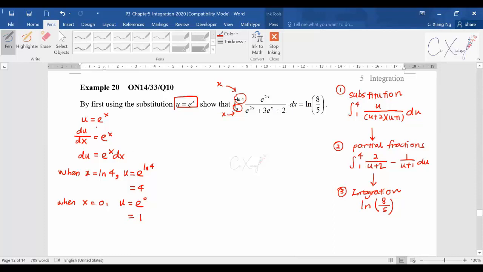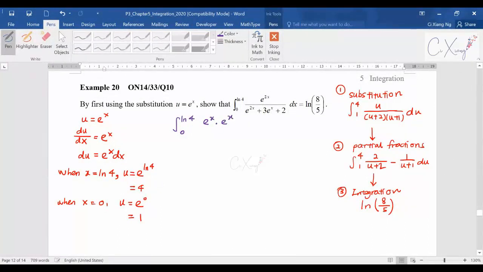Okay, once I settle all the parts here, I will start to do the substitution. So I have log 4 and 0 for the limits. If I look at this equation now, I will split the e^(2x) to become e^x multiplied by e^x.